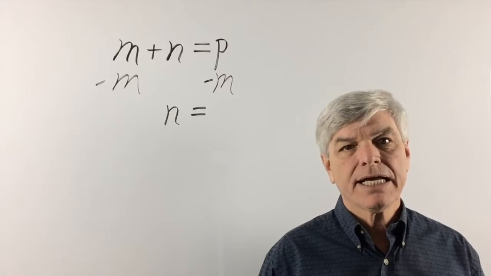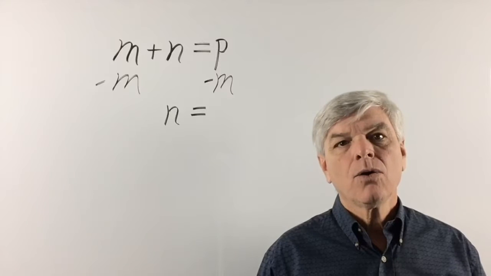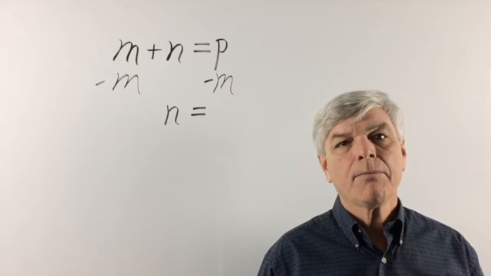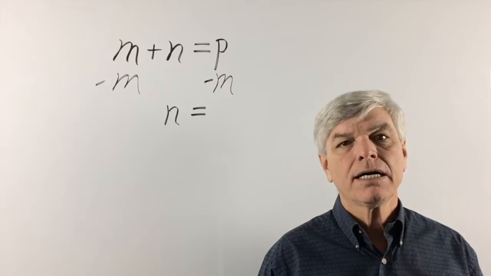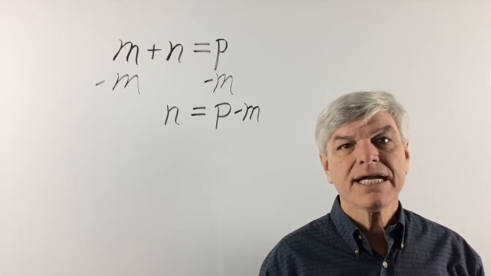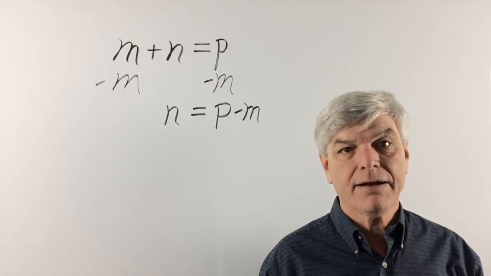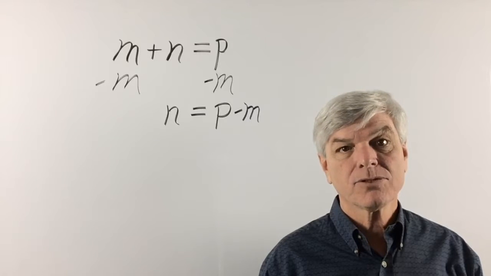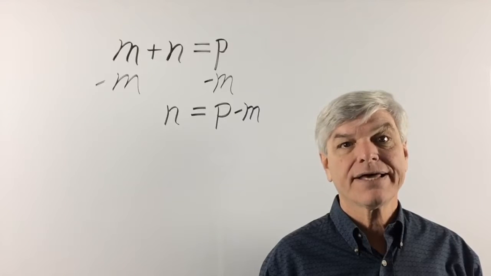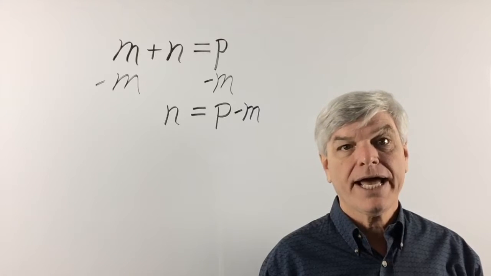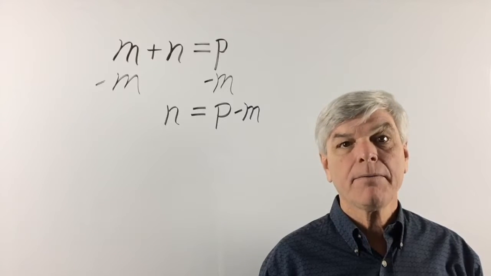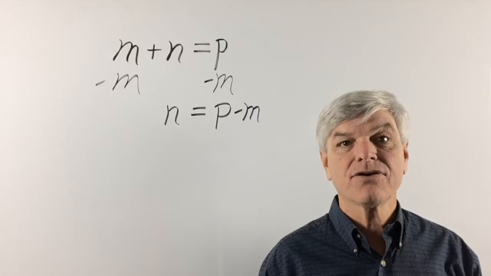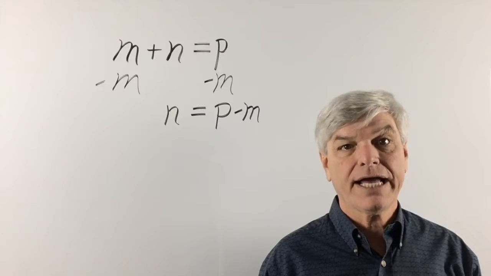The m is eliminated. We're going to bring down the n and the equal sign. We're going to add p minus m. What's p minus m? p minus m is p minus m. They are not like terms. We cannot add or subtract them. So we're going to write it just like this. And so n equals p minus m. I asked you to solve for n, and that is how we solve for n.